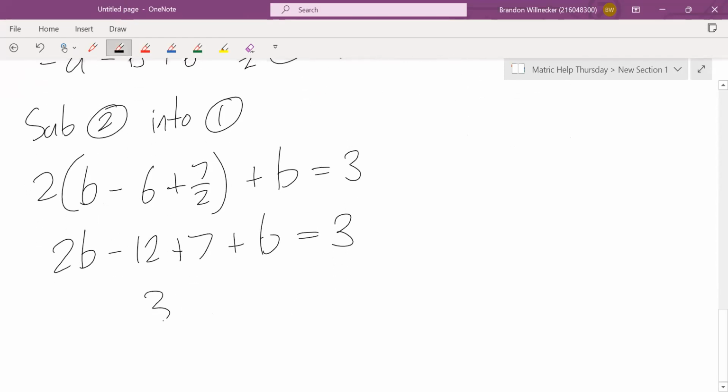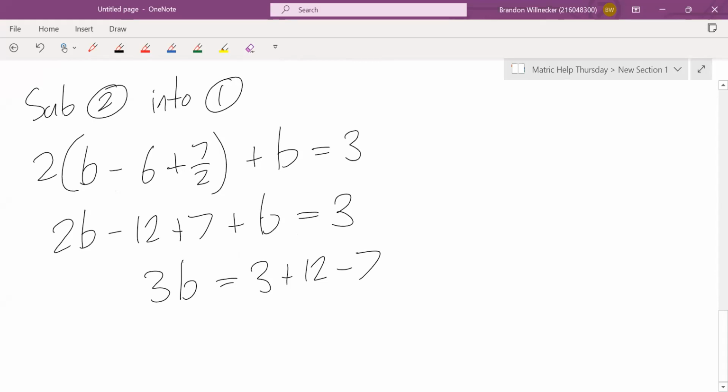So we're going to have 3 times b is equal to 3 plus 12 minus 7. Okay, and then we can solve for b, just adding those together, dividing by 3. We end up with b is equal to 2.